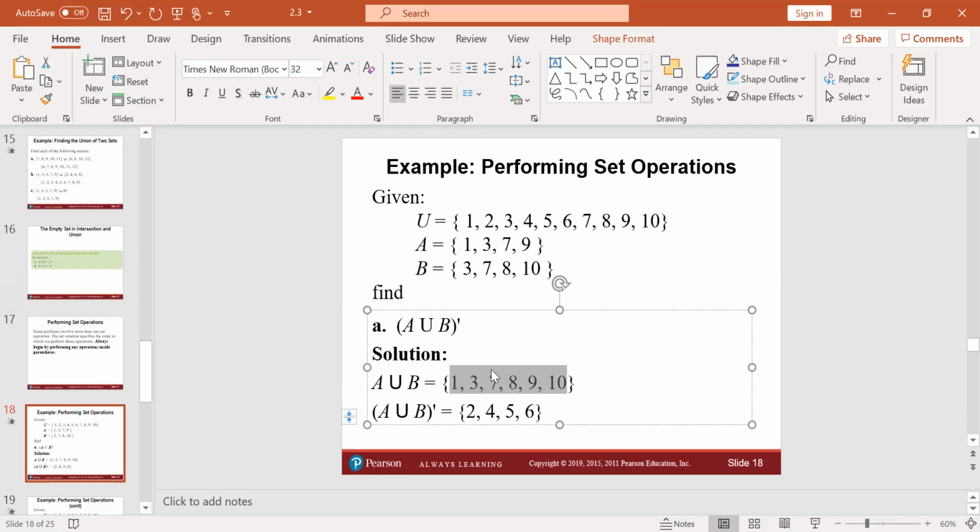It just shows up once. 7 is in both sets. It's just going to show up once, though. 8, 9, and 10. Then I do the complement. I take everything that's outside of this A union B setup, but still in the universal set. And so that's going to be 2, 4, 5, and 6.